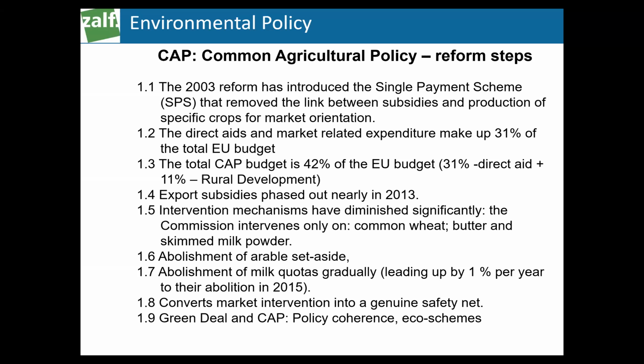The total budget of the CAP was reduced drastically. We will see export subsidies are phased out. Intervention mechanisms are diminished significantly. That means they are not completely gone, but just a few interventions are possible, on wheat and butter and skimmed milk powder, the SMP.